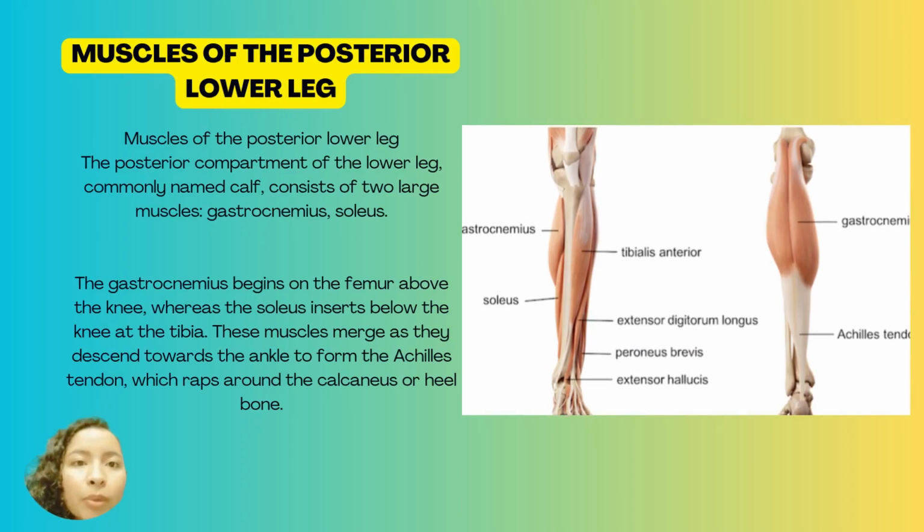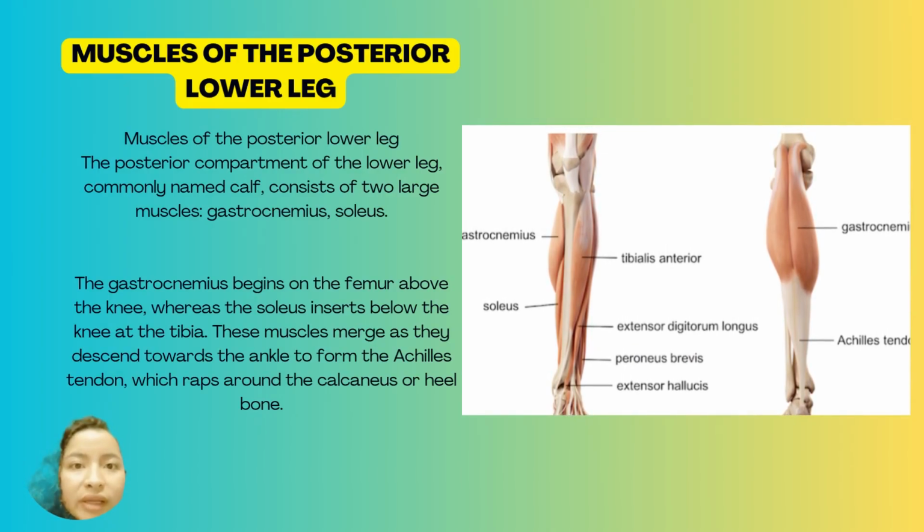Muscles of the posterior lower leg. The posterior compartment of the lower leg, commonly named the calf, consists of the large muscles gastrocnemius and soleus. The gastrocnemius begins on the femur above the knee, whereas the soleus originates below the knee at the tibia.